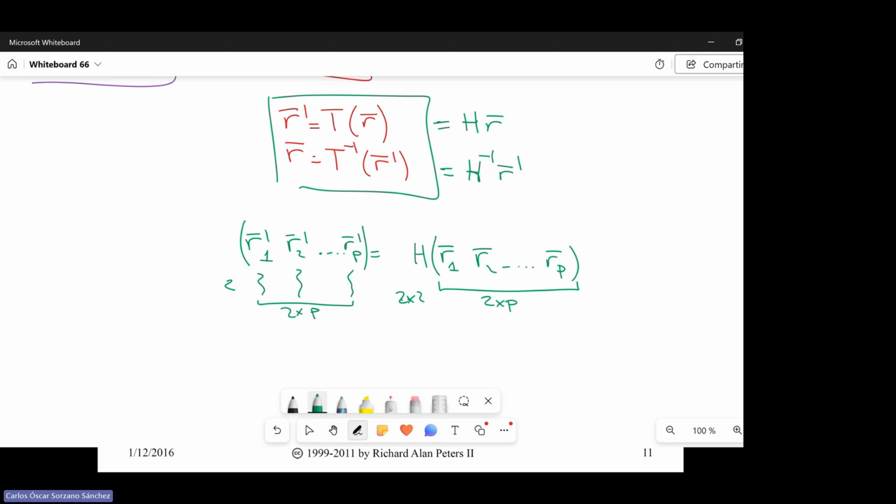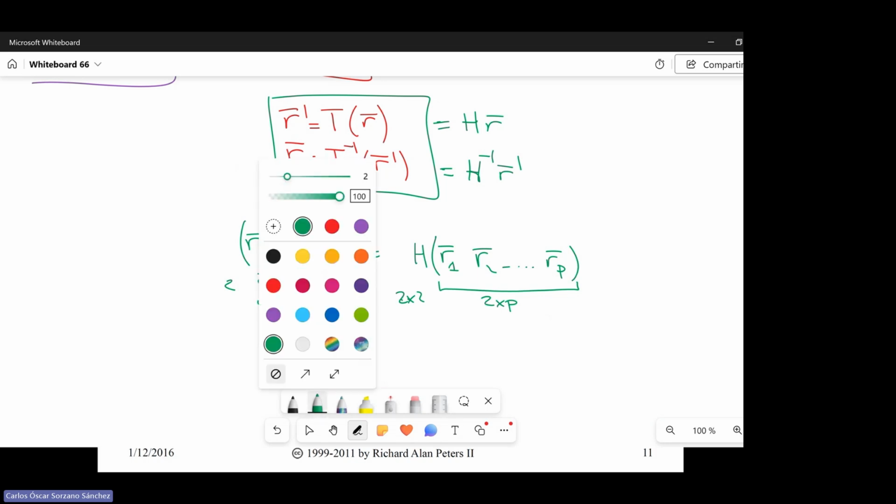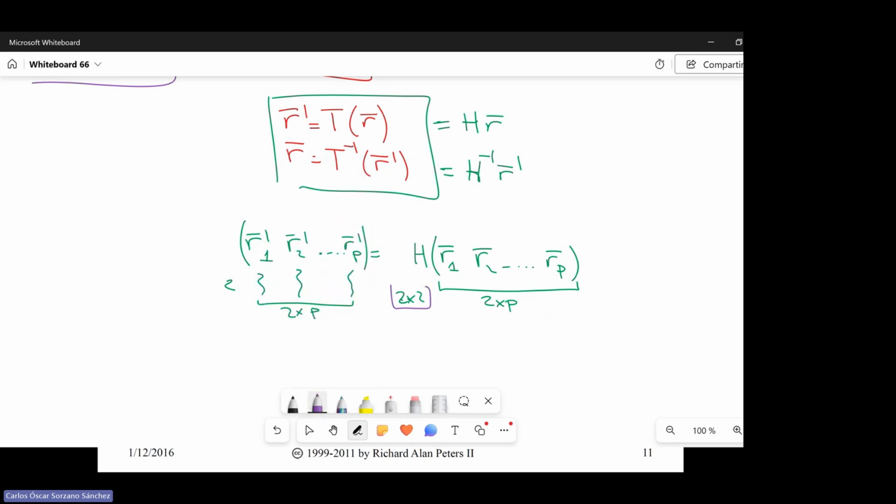So how many unknowns do we have? This is an equation system, isn't it? These two are known. So this is our unknowns. So we have only 4 unknowns.